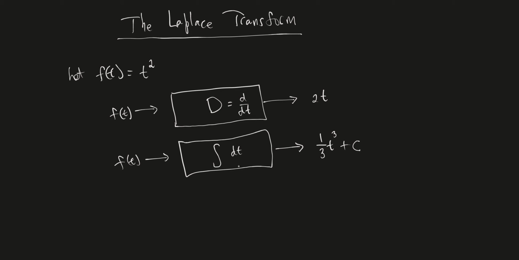So I'm going to write it down using my same box notation. But it's going to look a little different because it does involve an integral, but a very special type of integral. But it's not just an integral. There's going to be some other pieces to it. So let me now put some conditions on f of t.